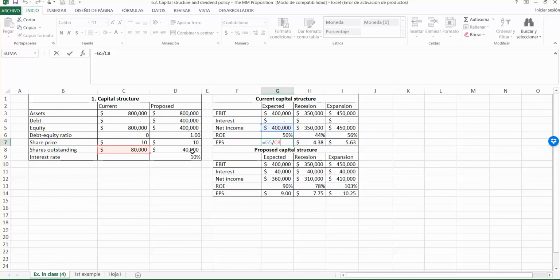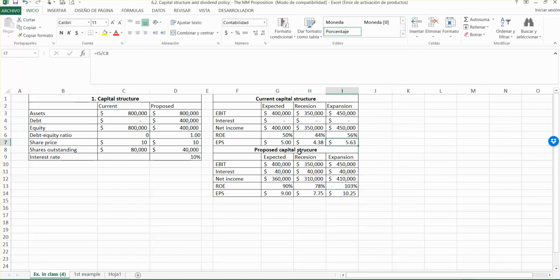So we have that per share we will have an equity per share of $5, and if we have a recession we will have 4.38 and for expansion we will have 5.63 dollars.